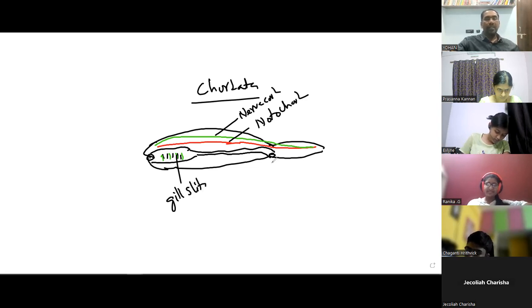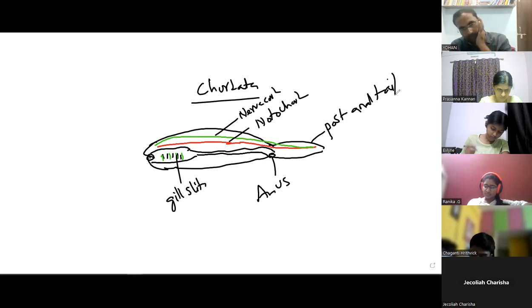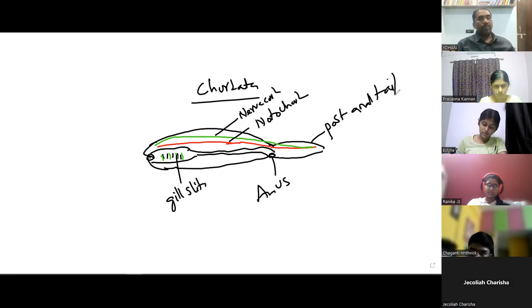And this is the anus, and this is the post-anal tail. Post-anal tail means the tail is present behind the anus. So the name given is post-anal tail.